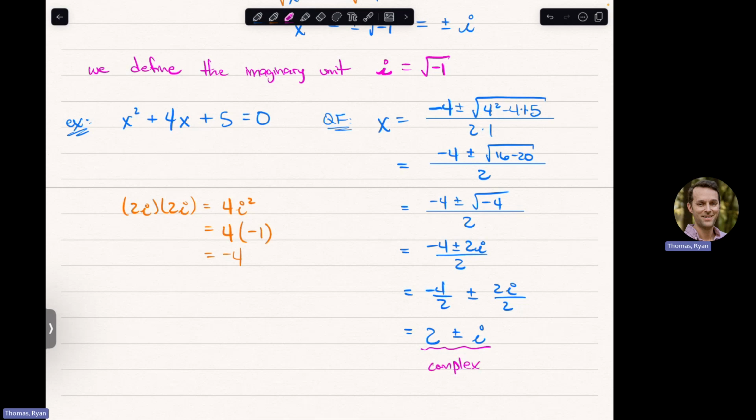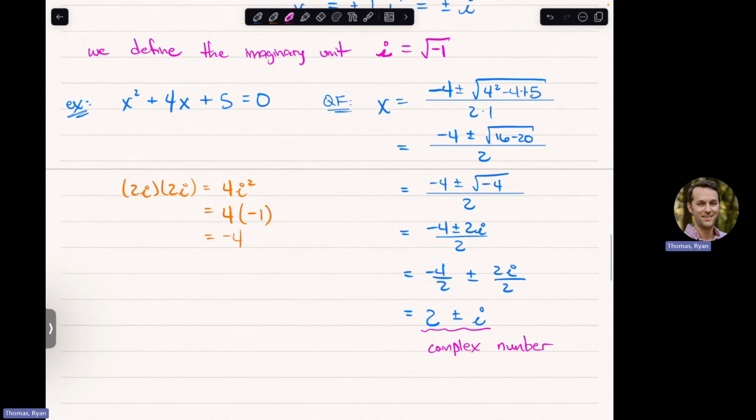It's called a complex number because it has a real part and an imaginary part. So this is just the real number -2, and then we're adding the imaginary number i to it. When you have real and imaginary, we call those complex numbers.